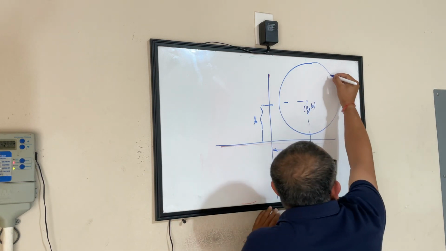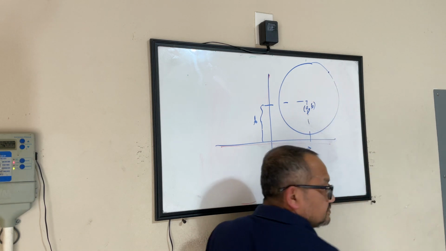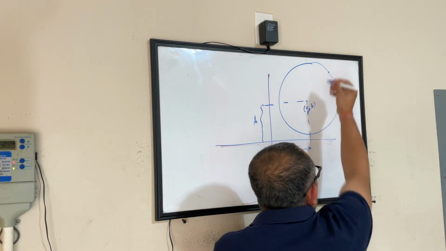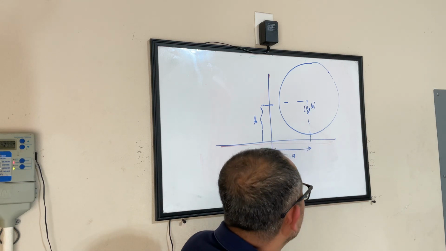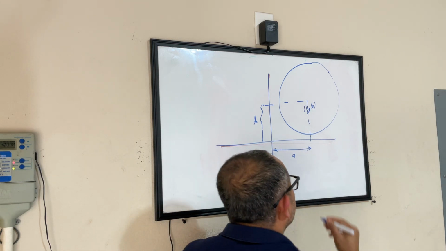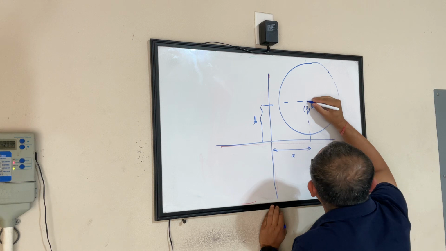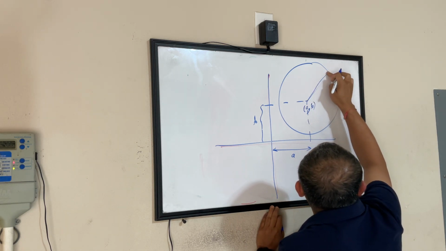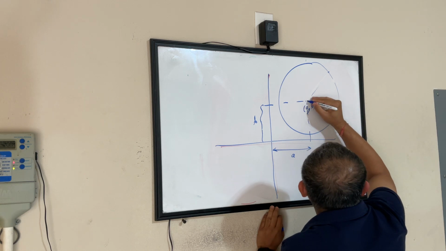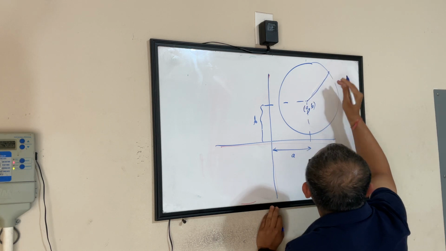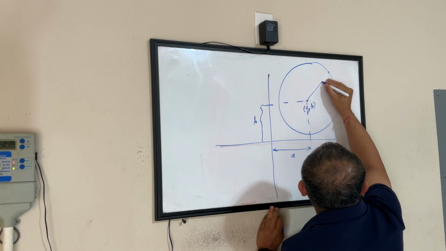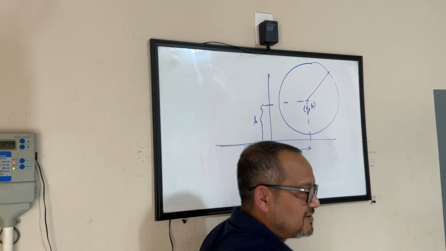Now, if I pick a point here on the perimeter, what does it mean? Recalling the property of the circle, if I join the center with this point, see, this is where my drawing skill comes in my way.